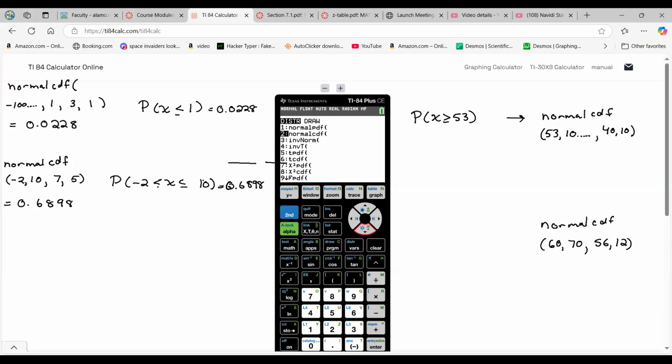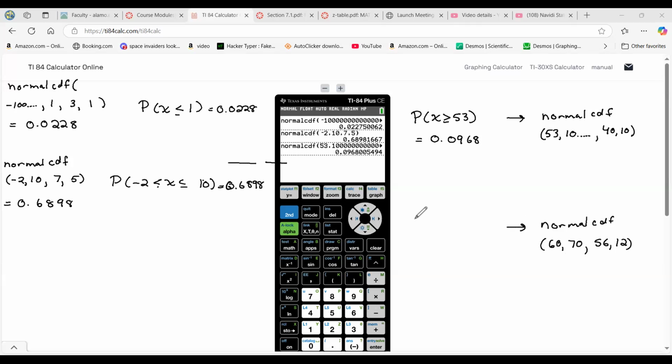Second bars, we go to the normal CDF. So we put in 53, then 1 followed by as many zeros as we can. Then we'll put in 40, then we'll put in 10, and then we enter. So that probability would be 0.0968.